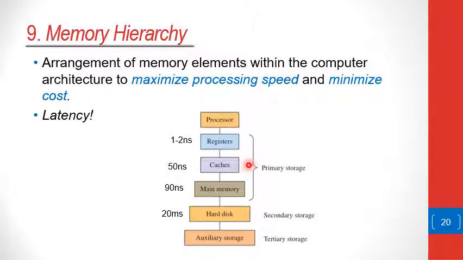The cache would be relatively fast as well, with 50 nanoseconds, but main memory would be slightly slower at 90 nanoseconds. And then the hard disk would be the slowest component in terms of memory that you use every time, which is 200 milliseconds. And then you would have an even slower auxiliary storage that you attach from time to time.